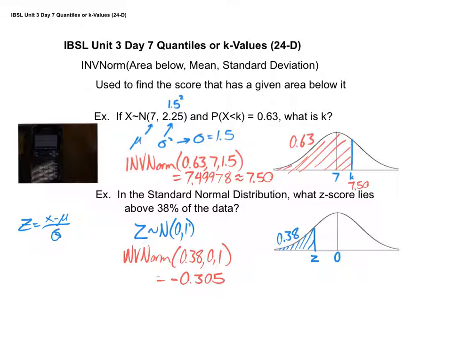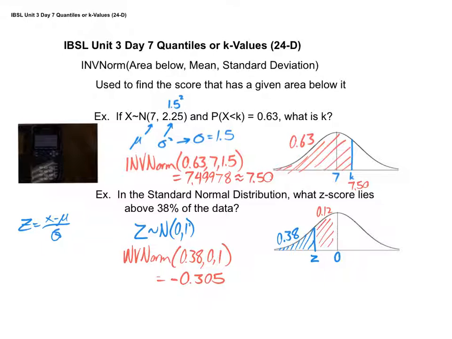The portion between the z that we're getting and 0 is only 12%, and if we were 1 standard deviation away, it would be about 34%. So since there's only 12%, I know I'm within 1 standard deviation of the mean. The z I'm looking for is greater than -1 but less than 0.